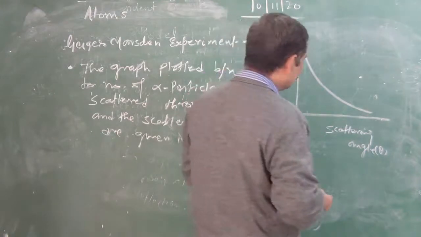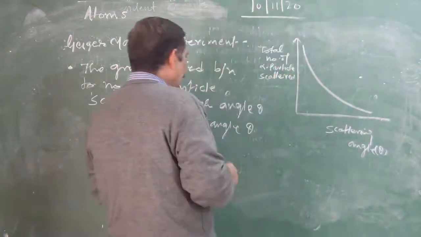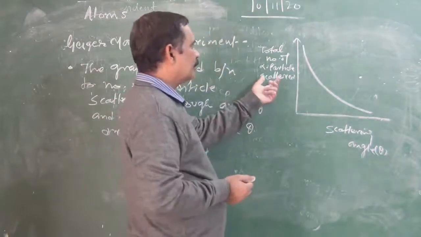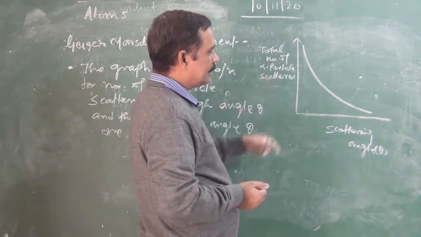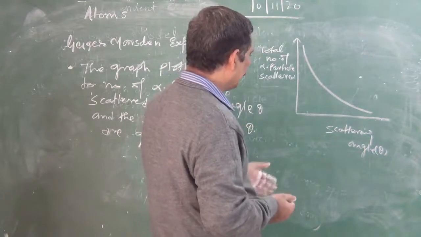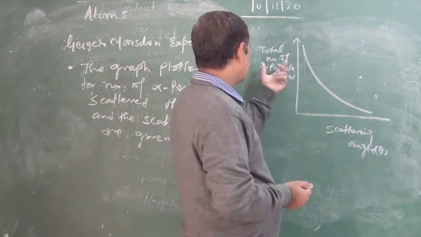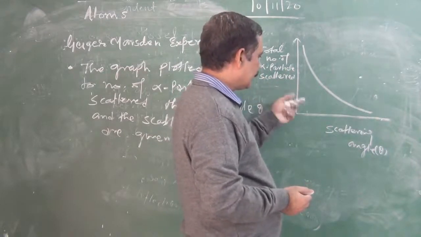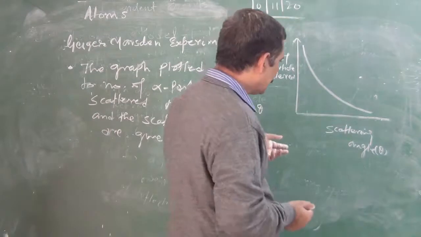It means at a small angle a large number of alpha particles are scattered or pass straight through, and at a greater angle a few alpha particles are scattered, meaning they bend their path.